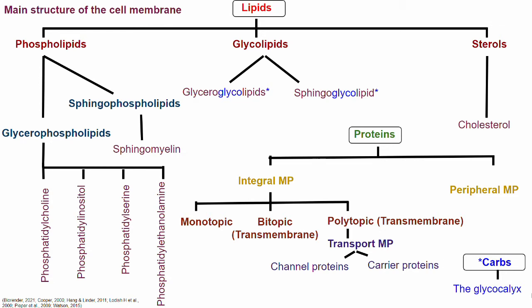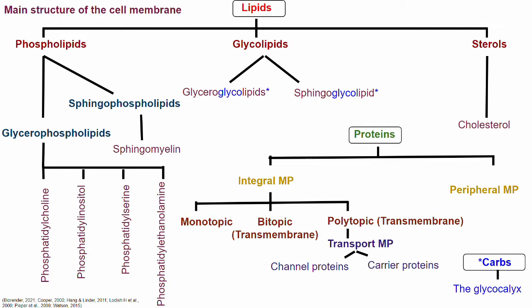Now the third type is the carbs. It's really hard to classify carbs as an individual structure though, because carbs can be part of proteins or lipids. Okay, but I mentioned it here as an example for the glycocalyx. The glycocalyx is all the carbs that surround the cell, and the different carbs that have significant functions in cell signaling.